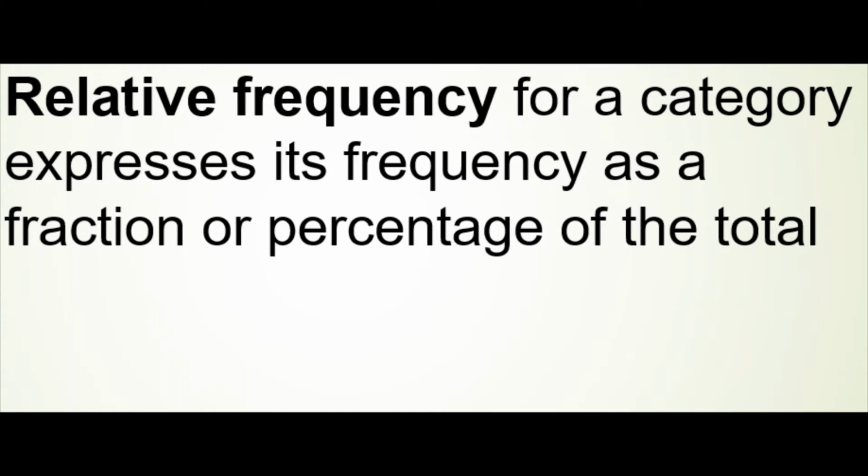But if I have 150 students, then the relative frequency would be 30 divided by 150, which is 0.2 or 20%. So that's going to be more meaningful if I say 20% of my students have an A, as opposed to just saying 30 of my students have an A. So that's relative frequency.